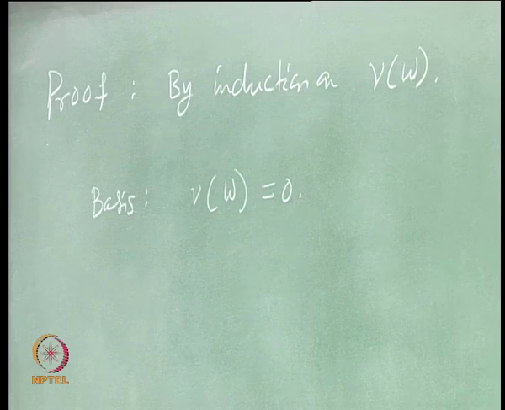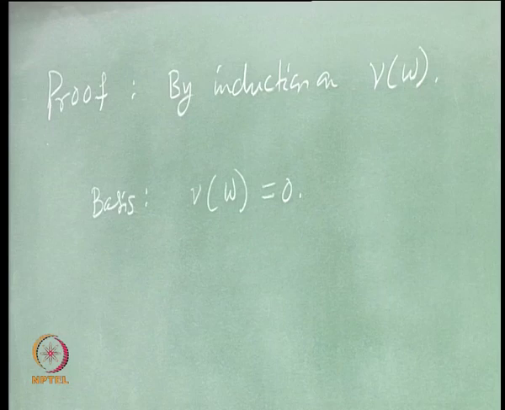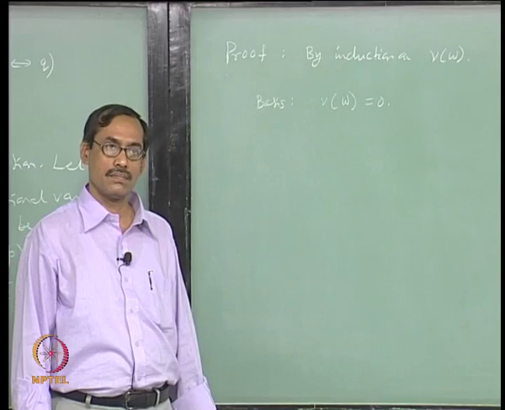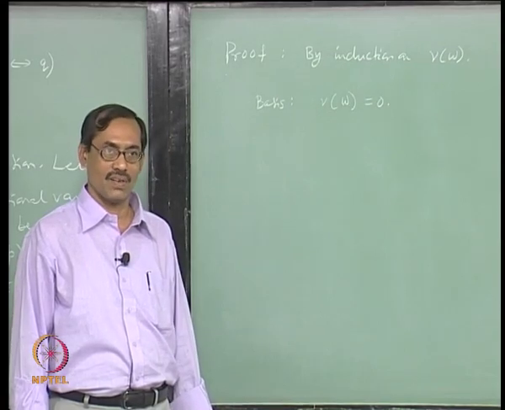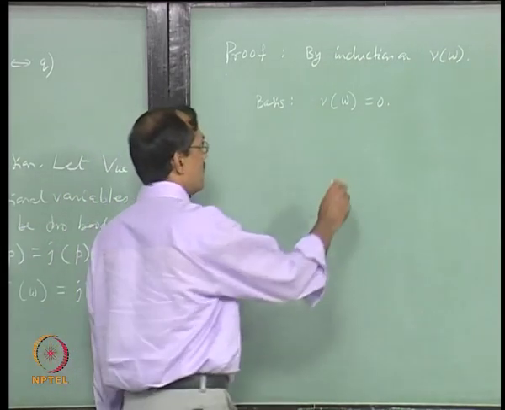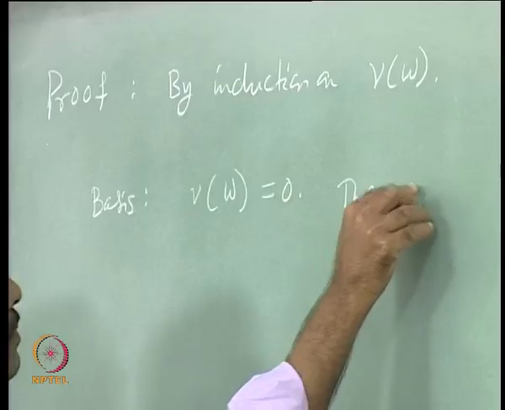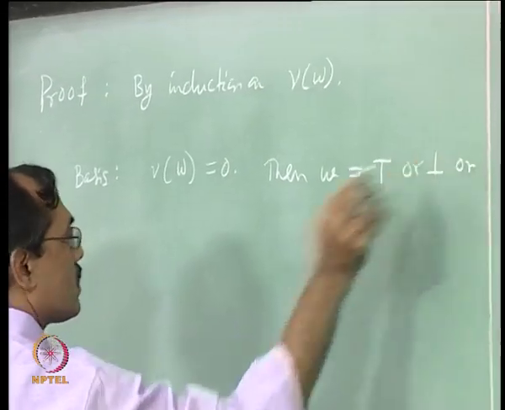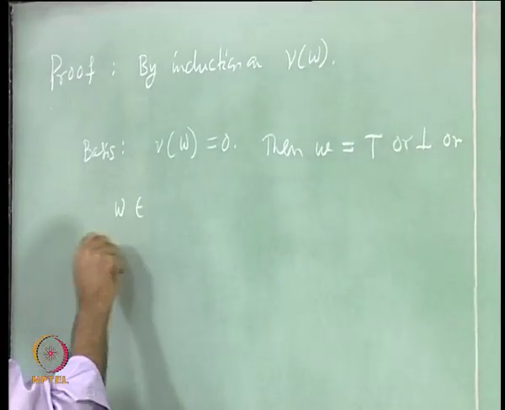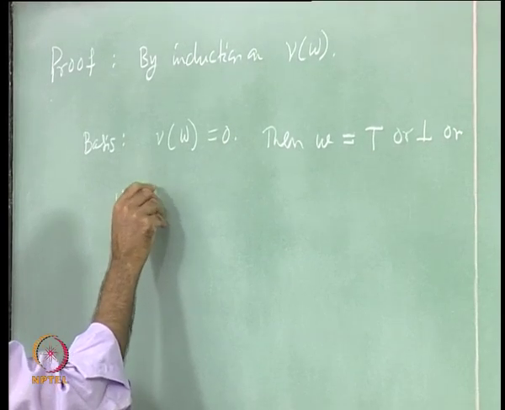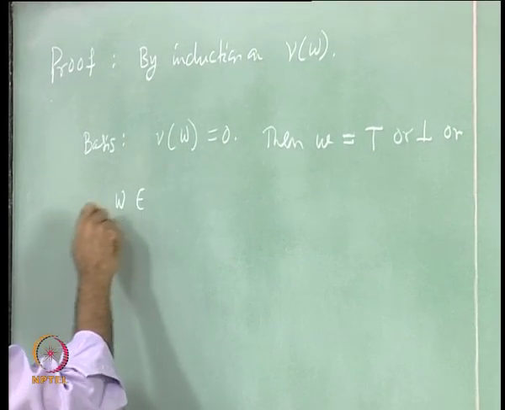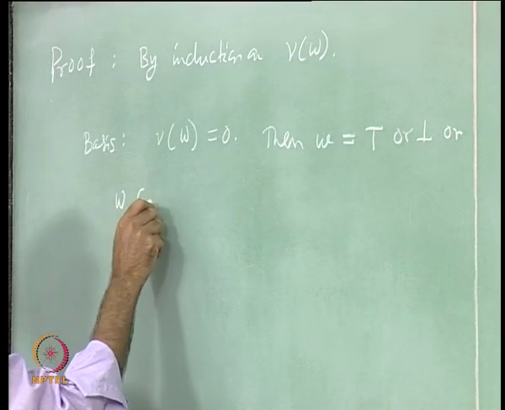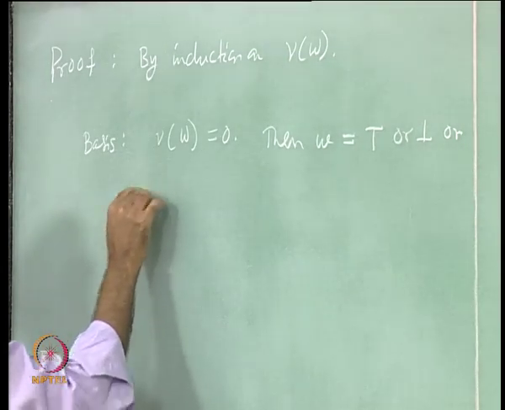If it is top, it is a propositional constant, I of top is always equal to j of top. Is that clear? If it is bottom, then that is also the same, it is equal to 0 now instead of 1. So, let us write that first, then W is equal to top or bottom, or W is a propositional variable, that is easy.